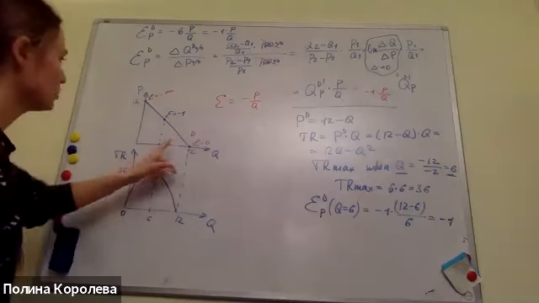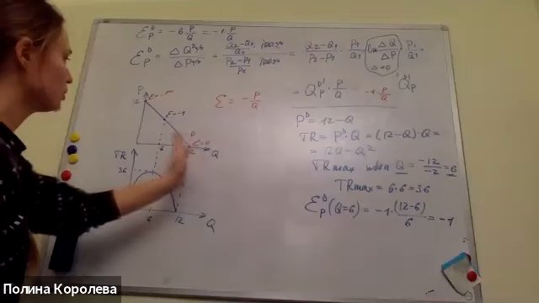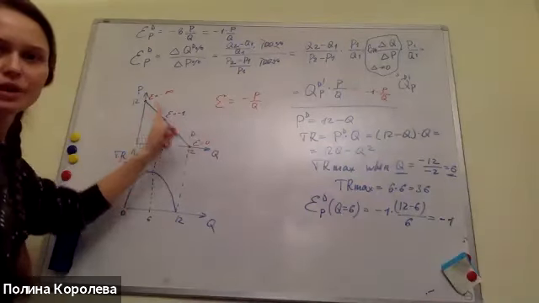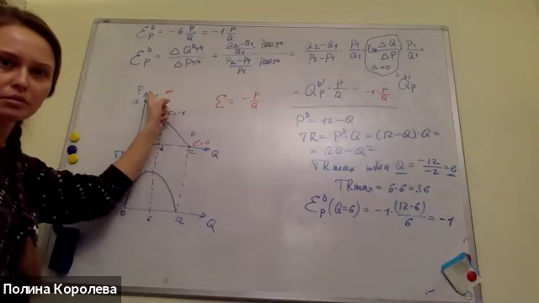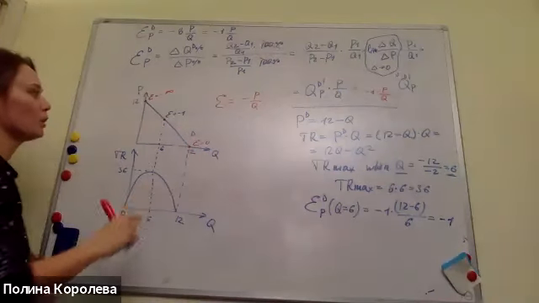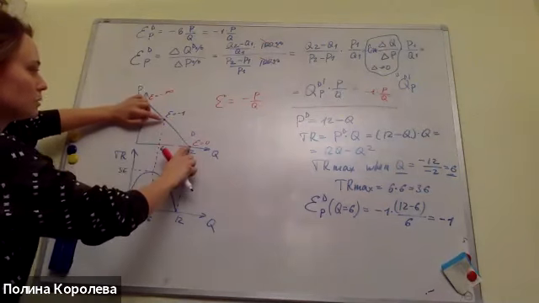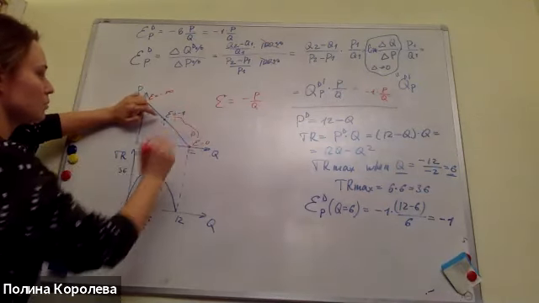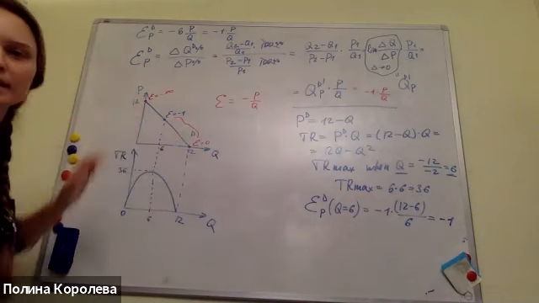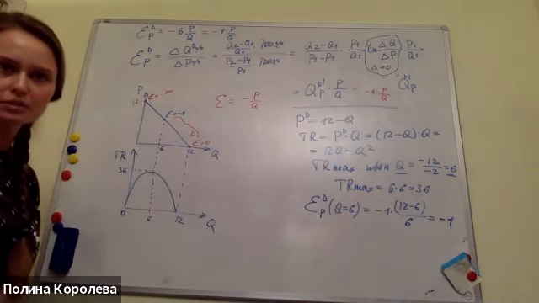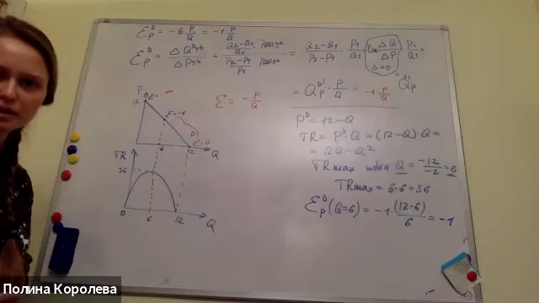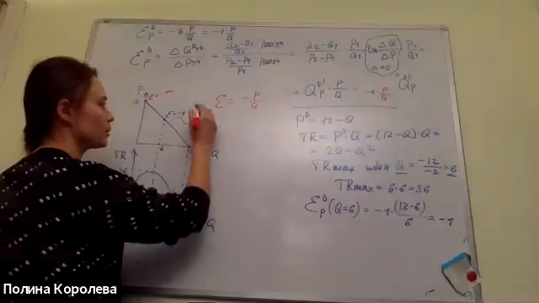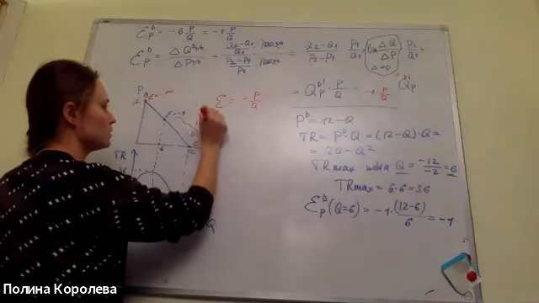But we see that when we move to the left, elasticity is growing. The reaction of buyers is growing. And this part, from 0 to -1, is inelastic. You know that when elasticity is from 0 to 1 by module, we have the inelastic part of the demand.